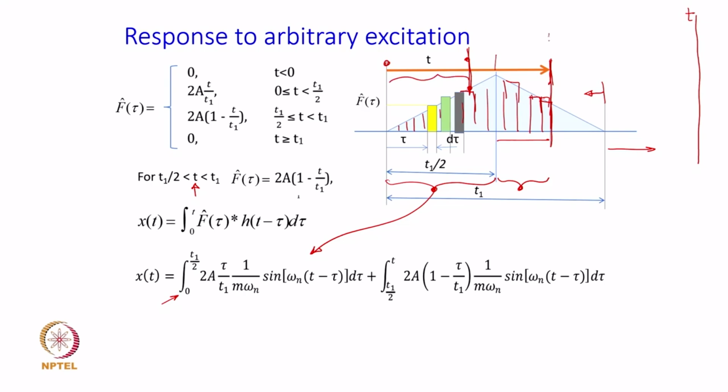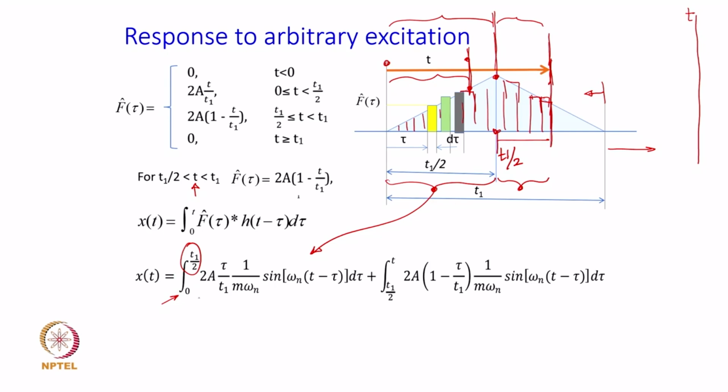But when now the time is up to this point, we are essentially splitting the total integration time for the area which is this and the area which is this, and for this particular integral the limits should go from 0 to T1 by 2, sorry, T1 by 2. So, therefore, the integration limit is from 0 to T1 by 2, and therefore, the first integral will have different integration time limits.